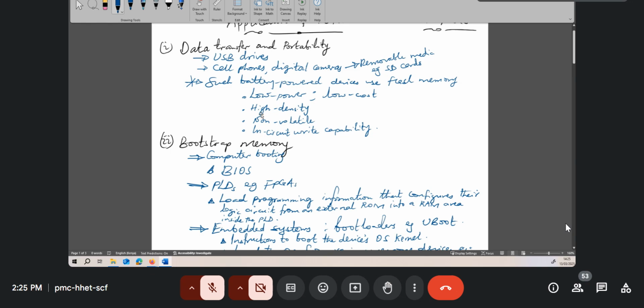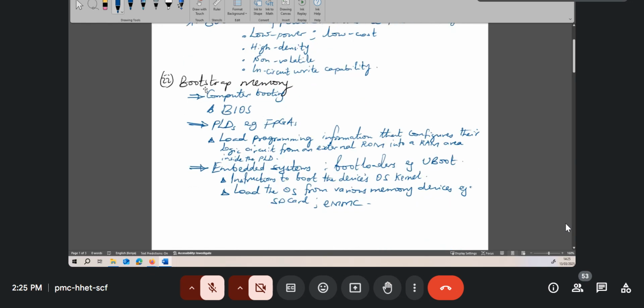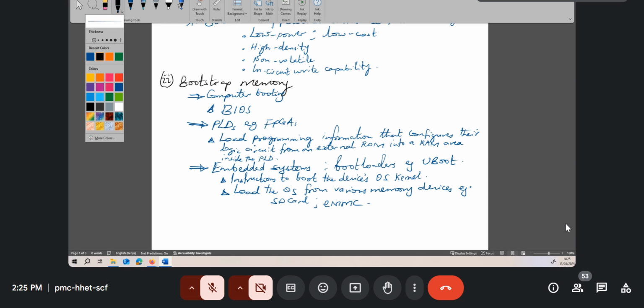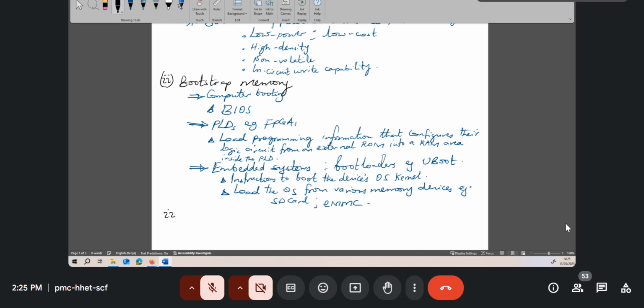Then, not only bootstrapping, but also the main memory or the program memory itself. So we'll find such usage in controllers, and this is for program memory.